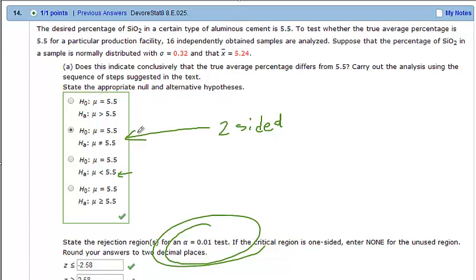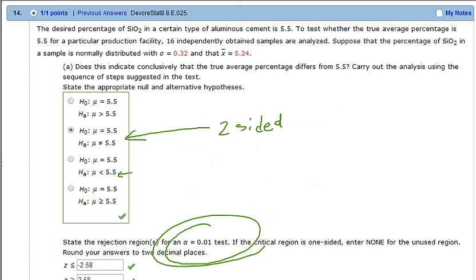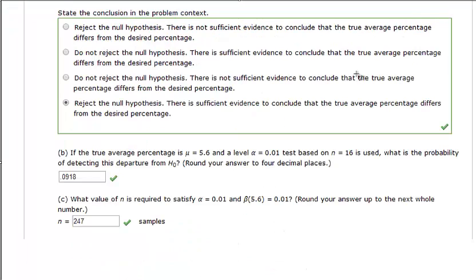If I was looking at this one, this would be a right-tailed test. I'm going to my table of values to get those for 0.01. 0.01 is right here. Two-tailed test, 0.01 is 2.576, and I just plug those numbers in. Notice that they wanted me to round this to the second decimal, so I did that.